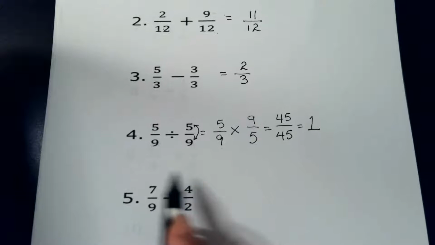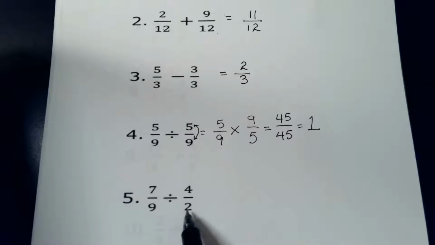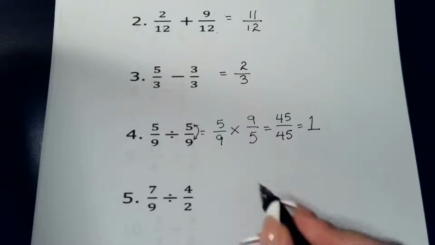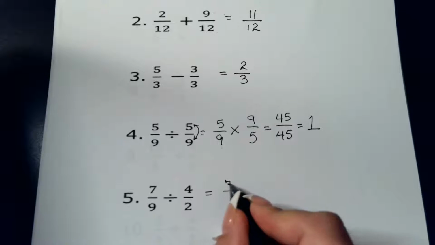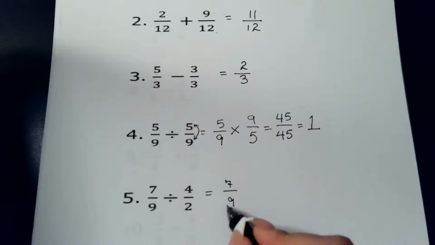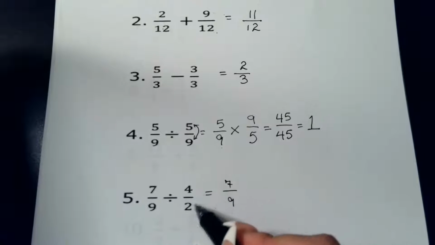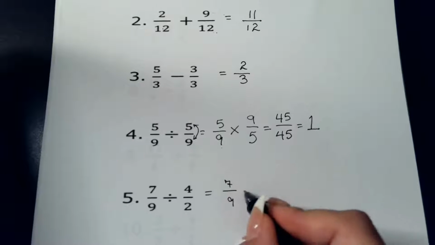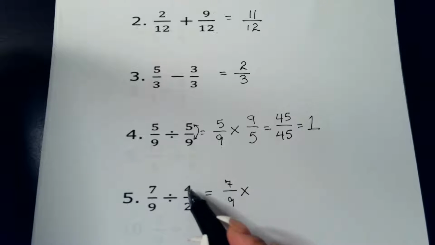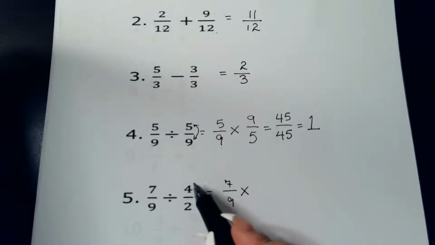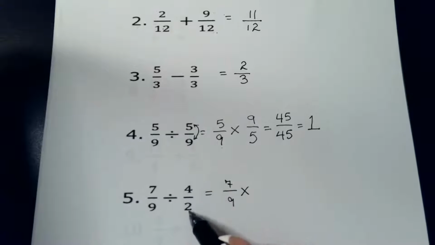Then we have one more division to take care of. Again, never ever change the first number. So that turns into 7 over 9, remaining exactly the same. We take the reciprocal of the next number because this is going to turn into a multiplication problem. So it is no longer 4 over 2, numerator 4 over denominator 2.